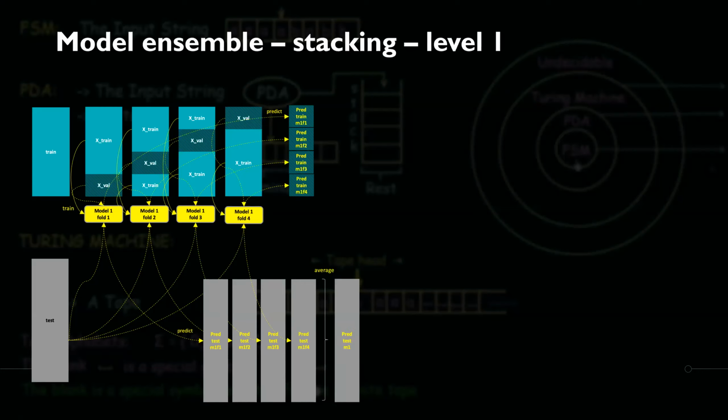For testing data, we would simply average the 4 sets of predictions. So we end up with a single prediction, which is the average of the predictions from the 4 models, right? And for training, it's simple.